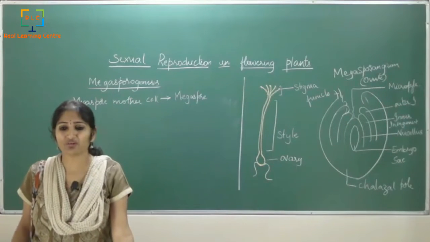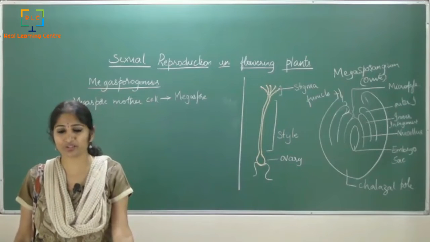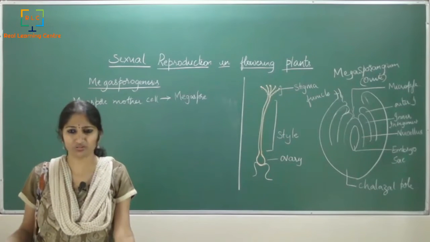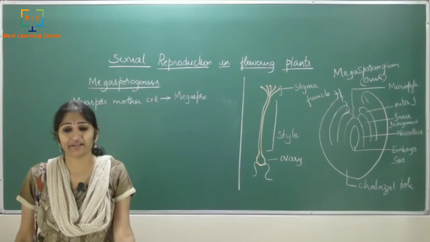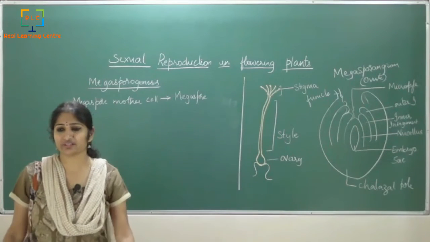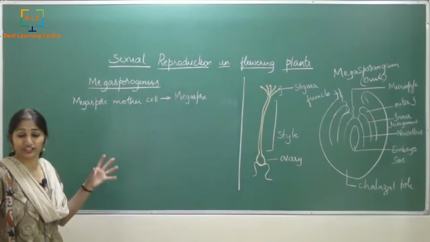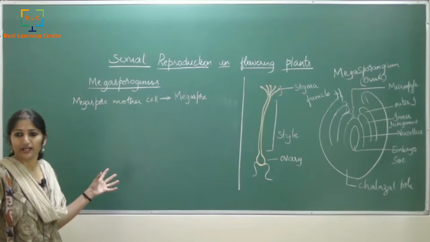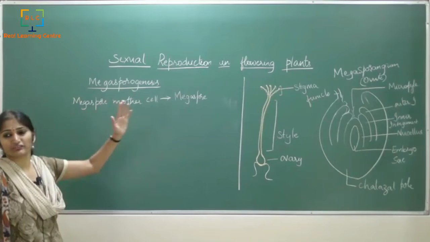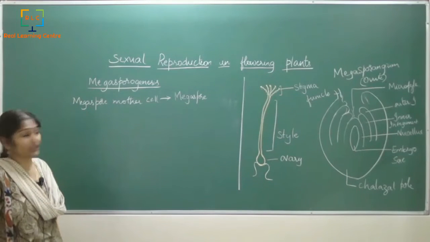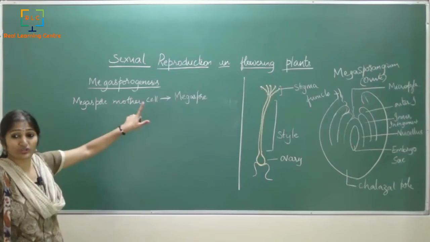So we have one single megaspore mother cell in one ovule, and in the micropylar region there is a division that gives rise to megaspores. One mother cell undergoes reduction division.